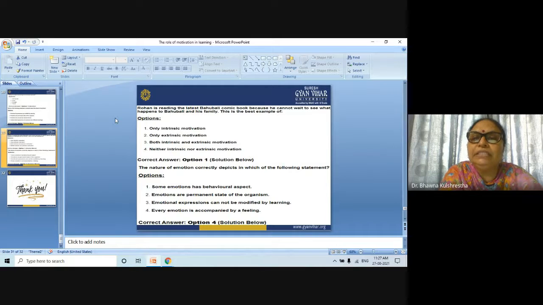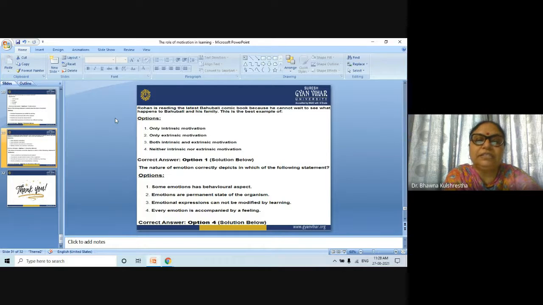This is the best example of only intrinsic motivation, only extrinsic motivation, both intrinsic and extrinsic motivation, and either intrinsic nor extrinsic motivation. The right answer of this question is only intrinsic motivation.